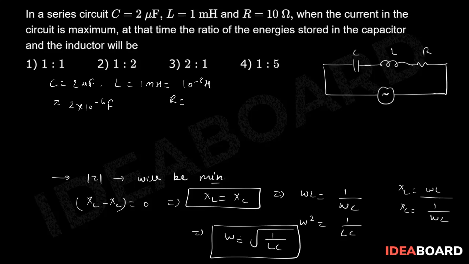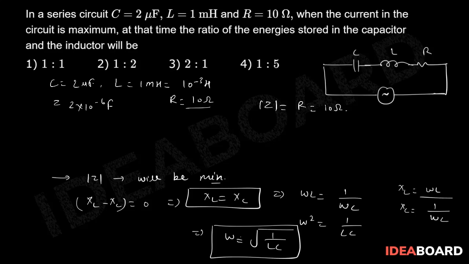And resistance is 10 ohm. If you put the values, we can find the value of omega. But actually here we first need Z. So Z will be equal to R only, because that term was 0. So that would be 10 ohm, right?